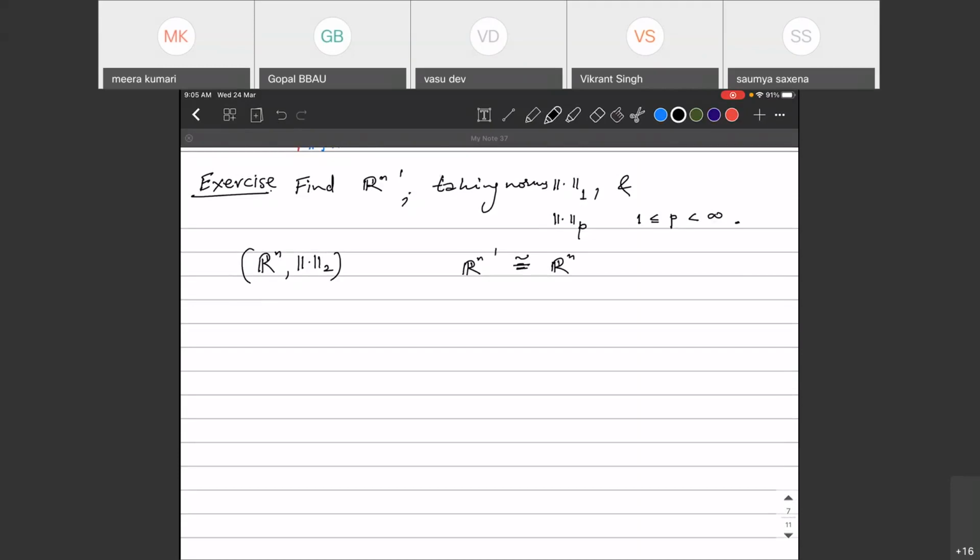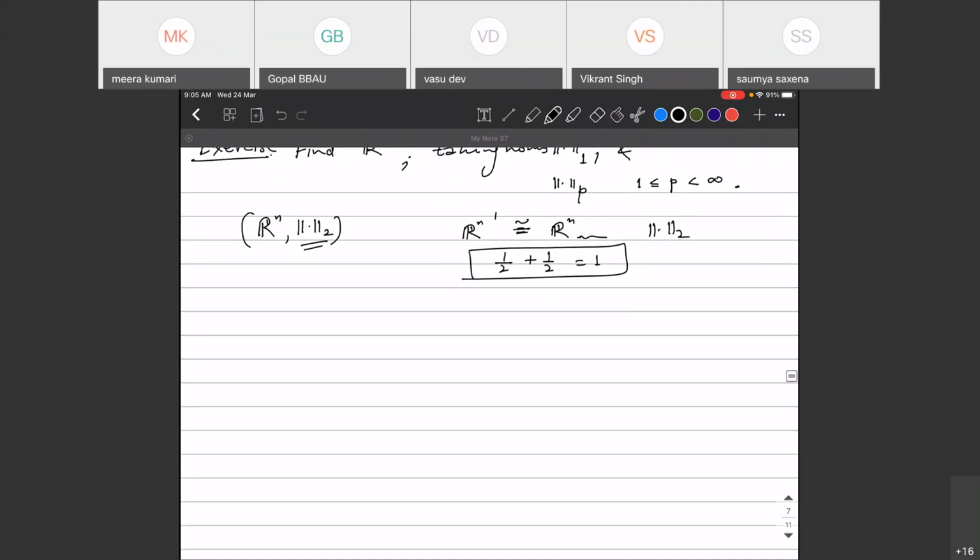Here in Rn it was 2 norm, and here also it was 2 norm. So this means it satisfies some property: 1 by 2 plus 1 by 2 is 1. So see what will happen. You will get some hint from today's example.